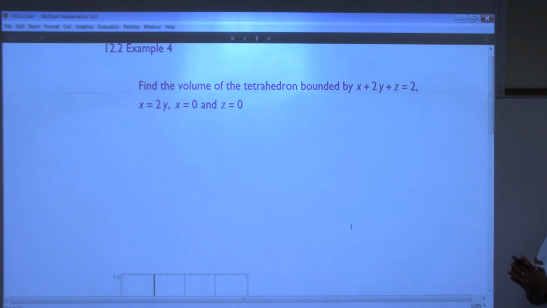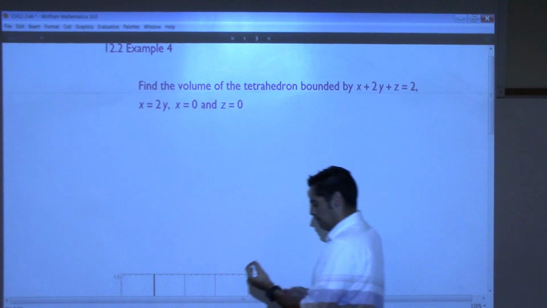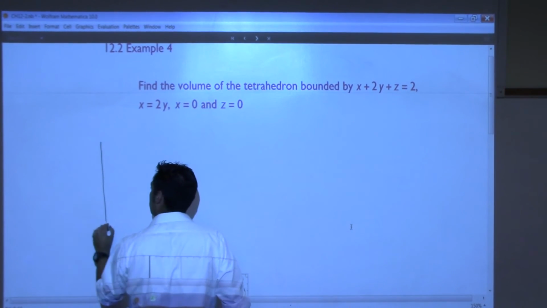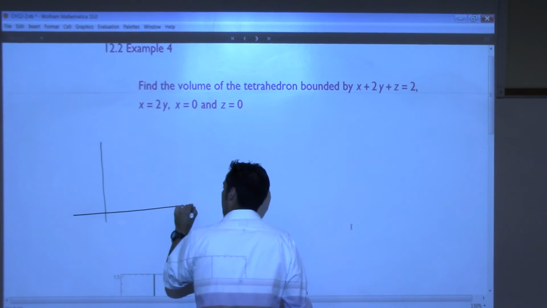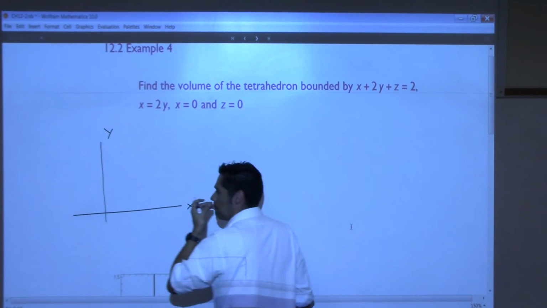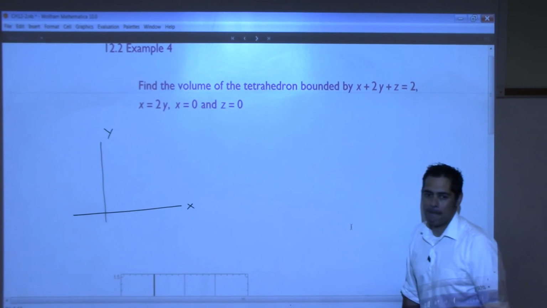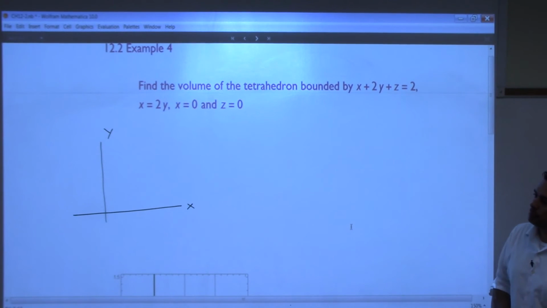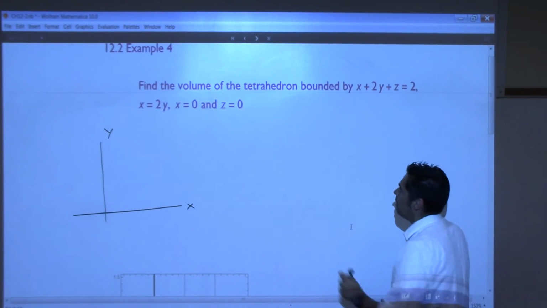Let's draw the domain on the ground, now that I've erased that beautiful picture. X and Y. I already know my surface, right?